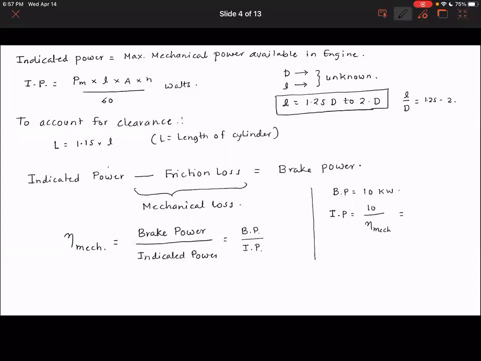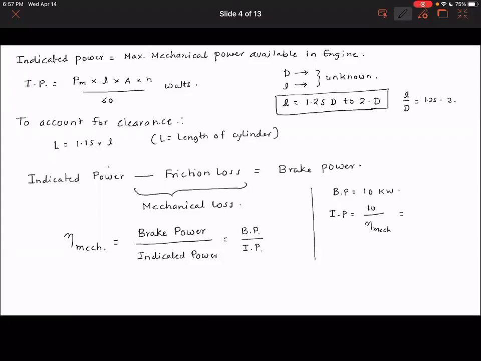Mechanical efficiency values are usually given. If they are not given, depending upon the design data book or design guidelines that you use, you can refer to the table for a particular type of engine and it will give you typical mechanical efficiency values.